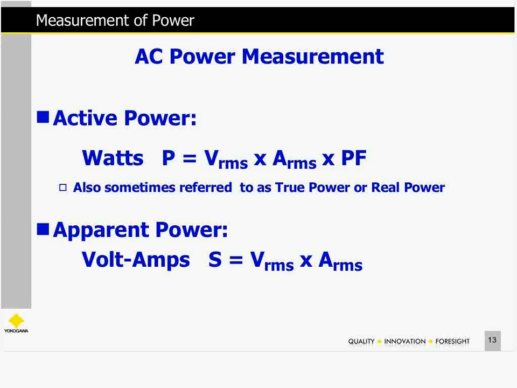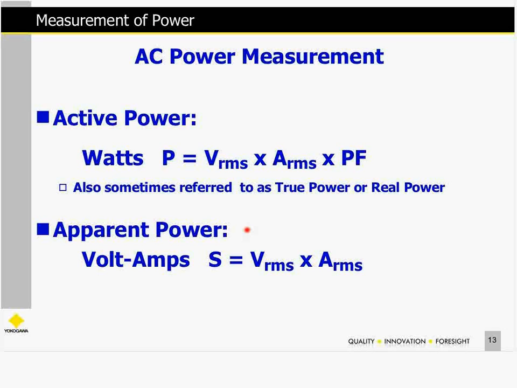So AC power measurement, what we call active power, watts, could be calculated as the RMS voltage times the RMS current times the power factor. This is sometimes referred to as true power or real power, several different names, but this is an RMS true power measurement.